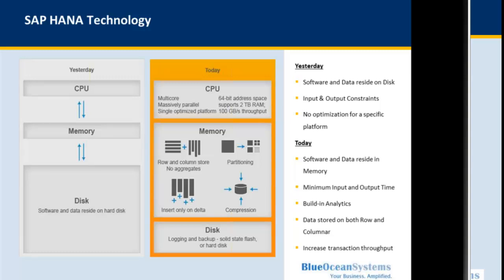The next big advantage is also the way data is handled in the HANA database. Although in the slide you see that it can store data both row and column, the key benefits of data compression come about when data is stored in a columnar form.